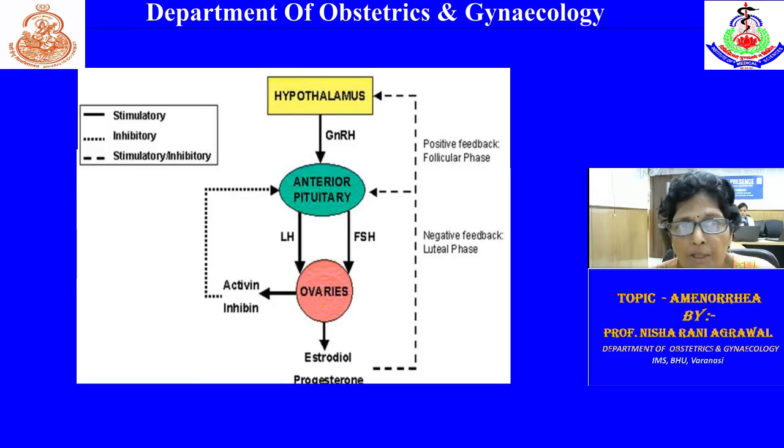So hypothalamus, GnRH; anterior pituitary, LH, FSH; activin and inhibin have an inhibitory effect on the anterior pituitary. Estradiol and progesterone have stimulatory as well as inhibitory effects. So estradiol, when it increases, has a positive feedback in the follicular phase and negative feedback in the luteal phase.